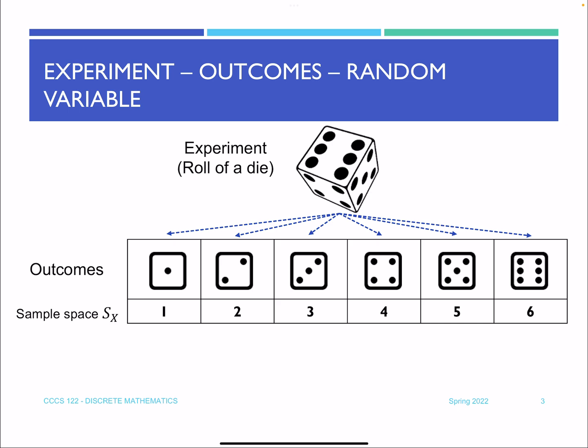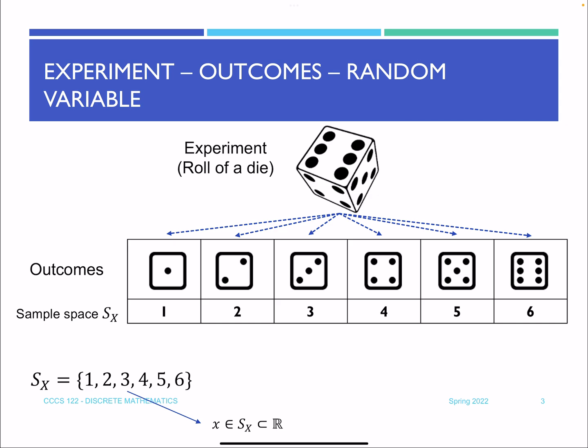But there's definitely a mapping happening here from outcomes to not just numbers, but real numbers. So in this case, the sample space consists of the integers 1, 2, 3, 4, 5, and 6. And you can already see that there's this capital X over here. I'll come to that in a minute.